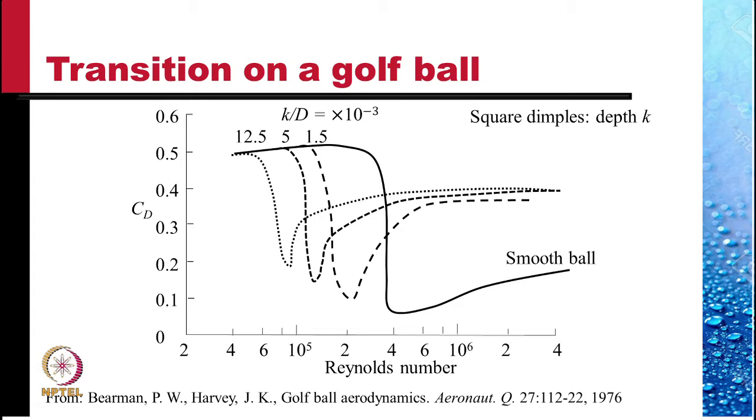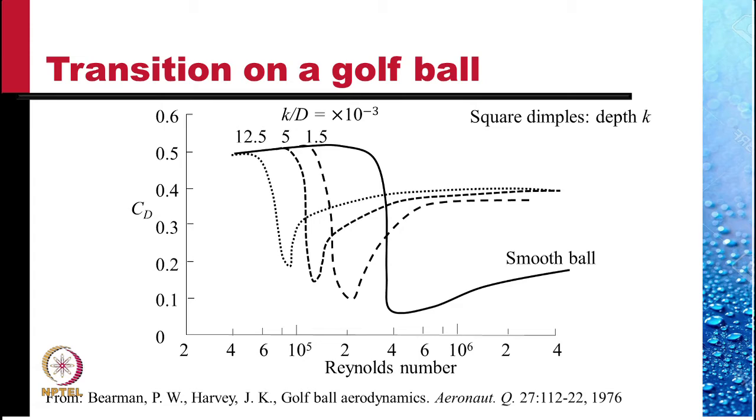With slightly deeper dimples, it shifted down further. And at K by D of 12.5 into 10 to the minus 3, the transition is occurring at about 8 into 10 to the power 4.